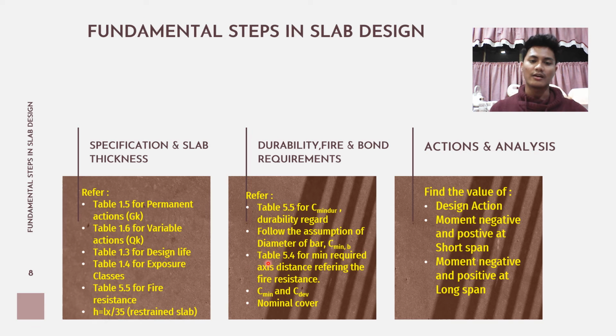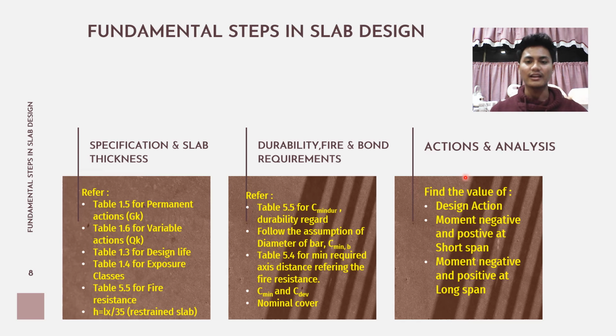And then refer to table 5.4 for minimum required axis distance referring to the fire resistance. And then you should check your Cmin and also the Cdev for determining the nominal cover, which is Cnom.